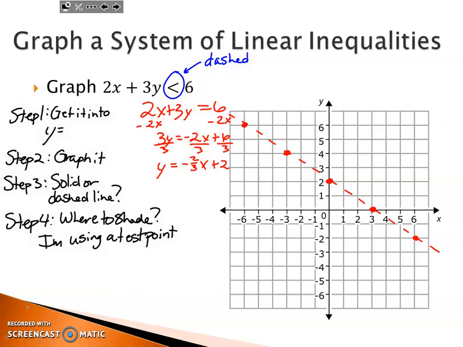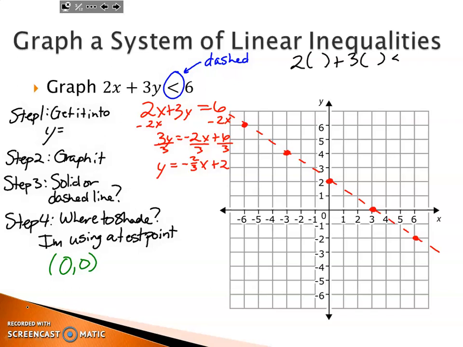The best test point is 0, 0. I can always use that unless my line runs through 0, 0. If your line runs through 0, 0, you're going to have to pick a different one. But I'm going to use 0, 0 for my test point.